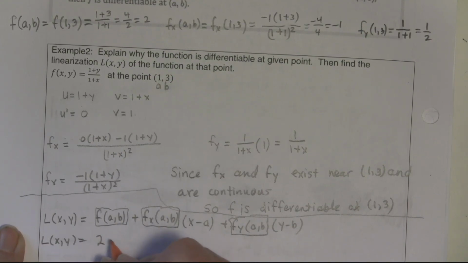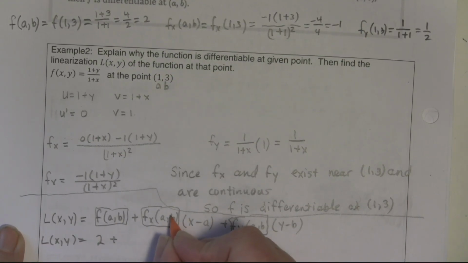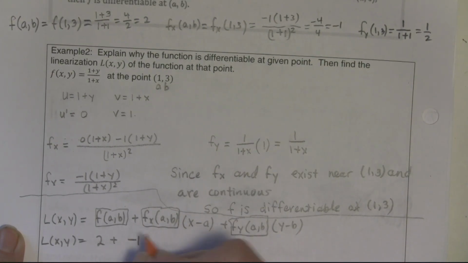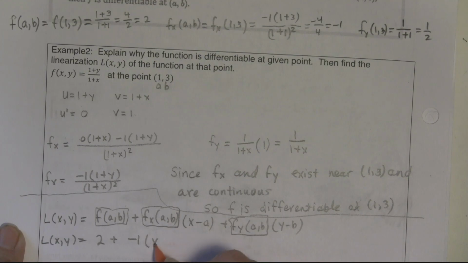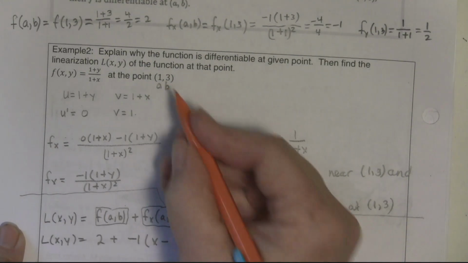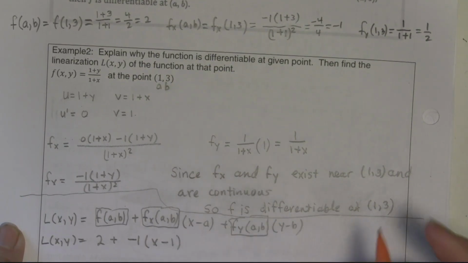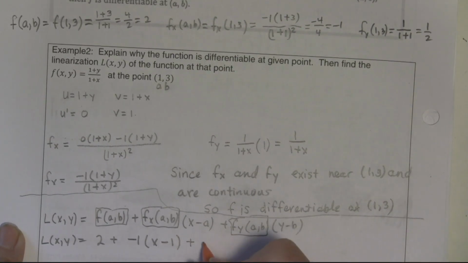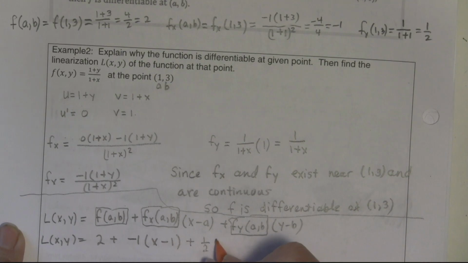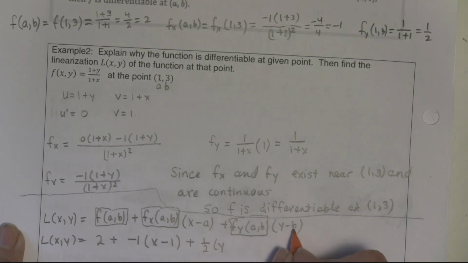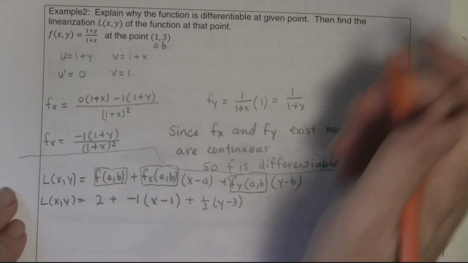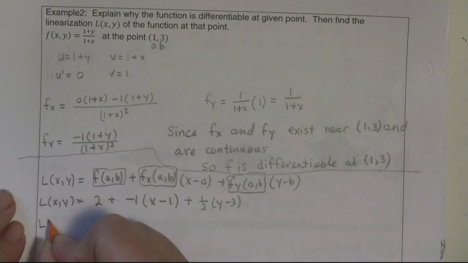This was 2 plus this was negative 1 times x minus a, which was 1, plus half times y minus b, which was 3. And so now I'm going to have my linearization here if I just fix it up just a little bit.